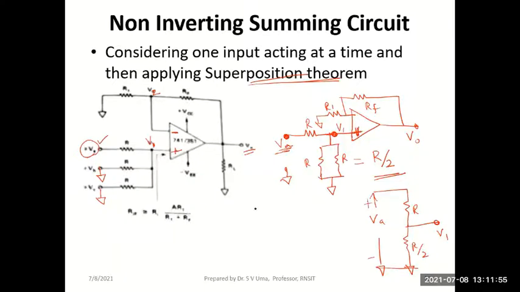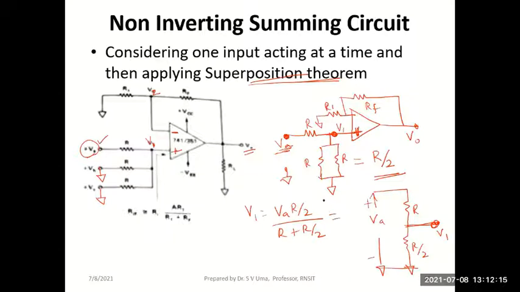Voltage divider rule. V1 will be VA into R by 2 divided by R plus R by 2. As simple as that. Therefore, the voltage V1 here is VA into R by 2 by R plus R by 2.